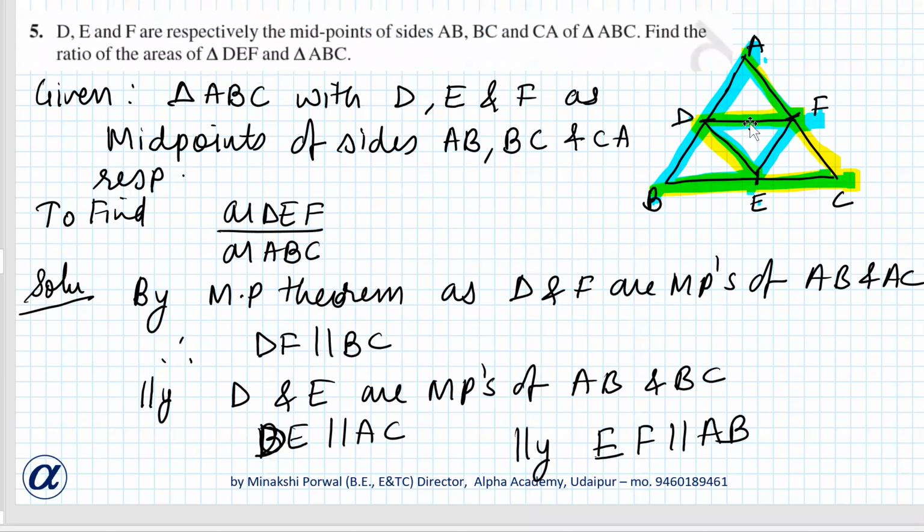We studied this also. And now we can do it this way also. If this one, DFEB, is a parallelogram, then angle F and angle B will be equal. If this one is a parallelogram, then angle D and angle C will be equal. Okay. So we can prove triangle ABC and DEF similar.